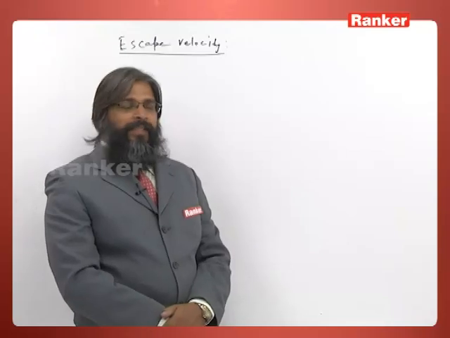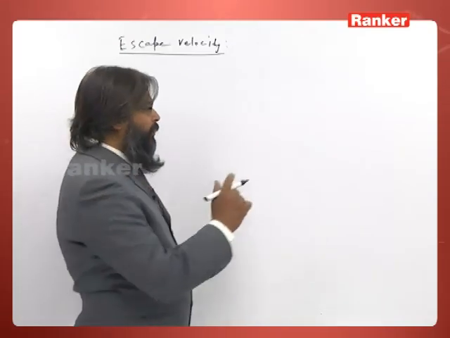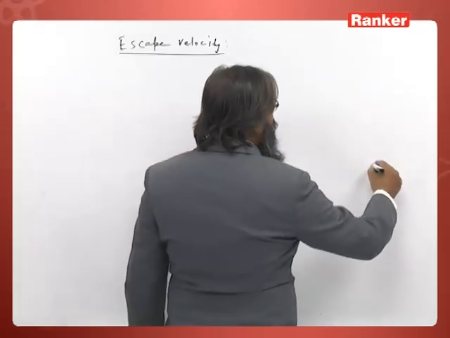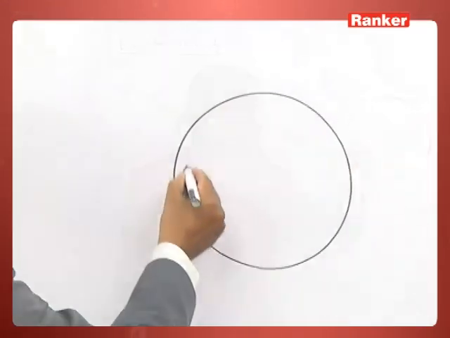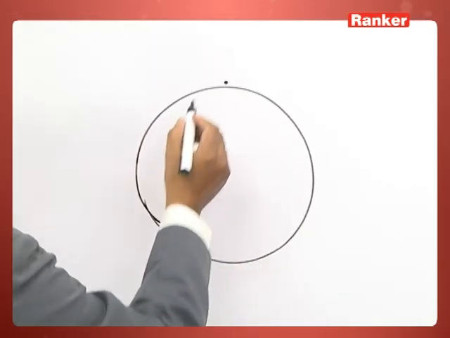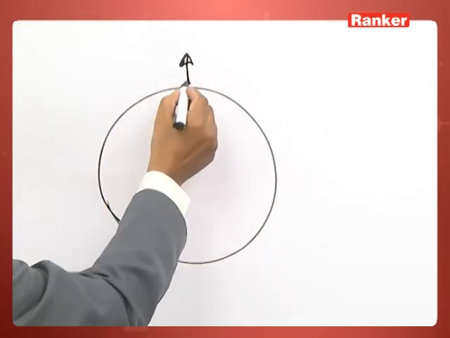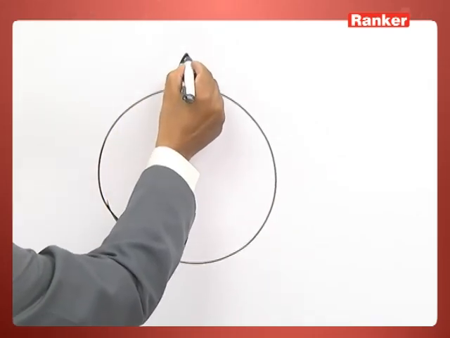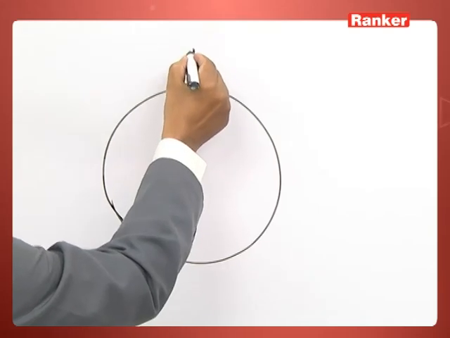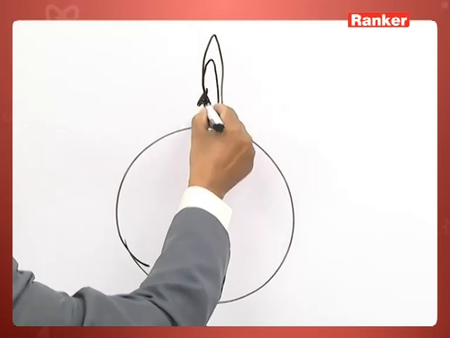So, now let us see escape velocity. If this is the Earth and we are here and we want to project something vertically upwards, then the more the velocity, the more distance above it will go.